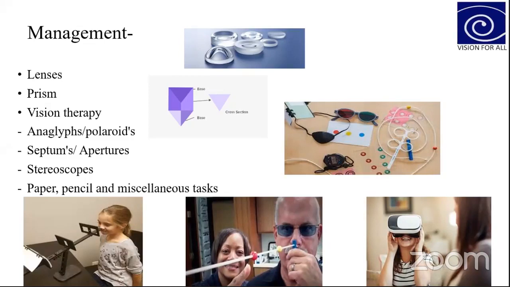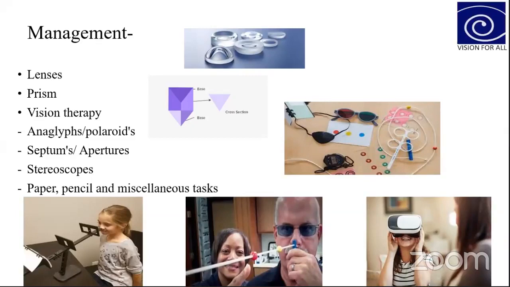You always have the options of lens and prism here. In vision therapy, we use anaglyph and polarized spectrum, aperture and stereoscope, and paper or text, which can be handmade things also, made with paper, pencil, and other miscellaneous tasks as well.